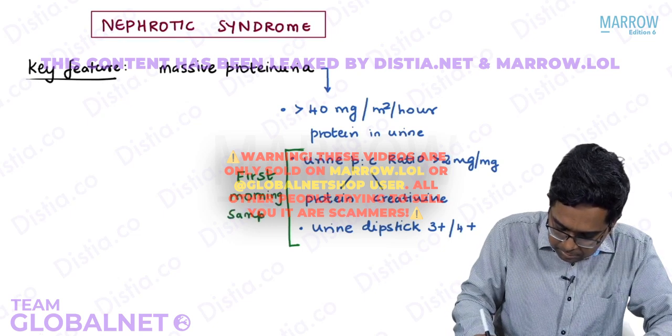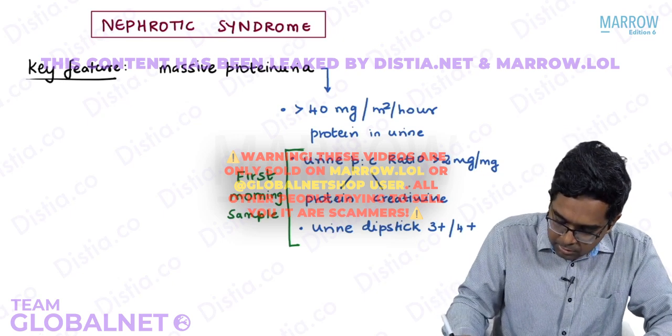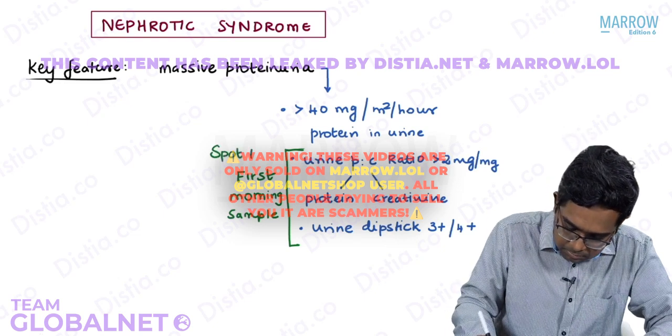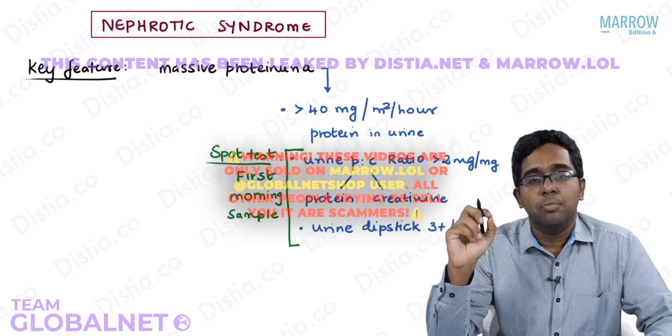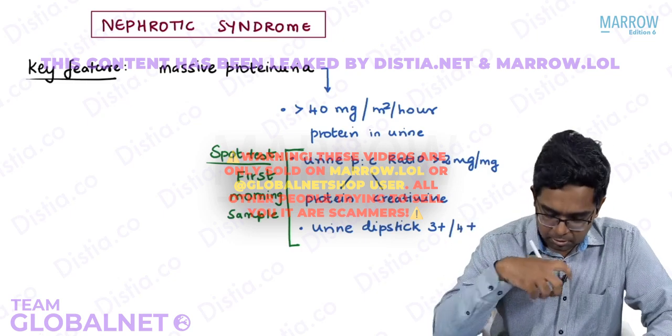Please remember, both the urine PC ratio and urine dipstick testing are spot tests. So these are some of the important definitions by which we call massive proteinuria in nephrotic syndrome.